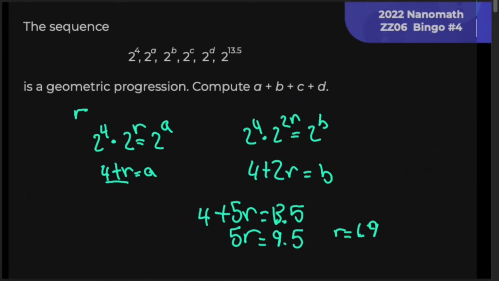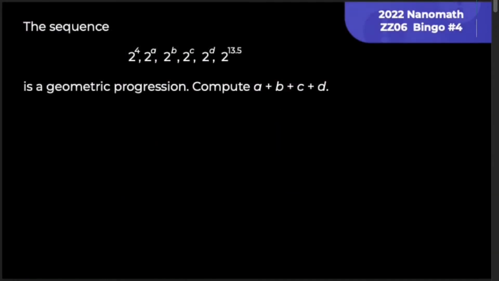1.9, there we go. Okay, so now that we have r is 1.9, we can pretty easily solve for what a, b, c, and d sum to because it's just an arithmetic sequence. So a is 4 plus r, b is 4 plus 2r, and so we have, here, let me clear the screen so we have some more space.